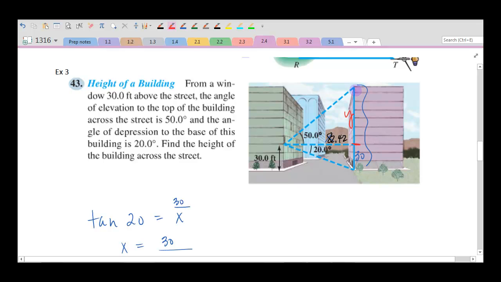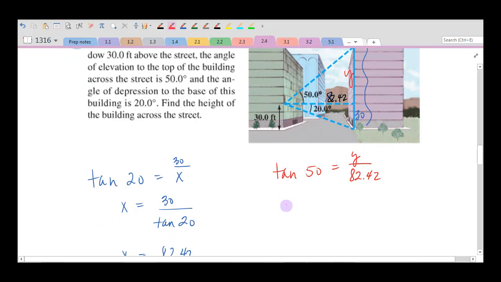Again, I can use tangent because tangent is opposite over adjacent when I'm given an angle here. So the tangent of 50 would be equal to y divided by 82.42. Rearranging this equation, we get y is equal to 82.42 times the tangent of 50.